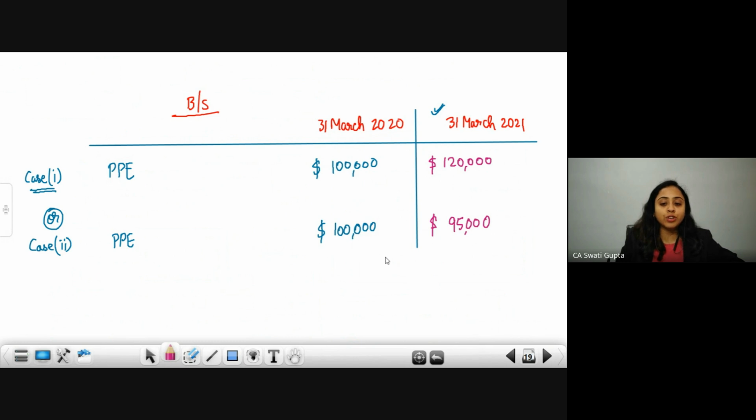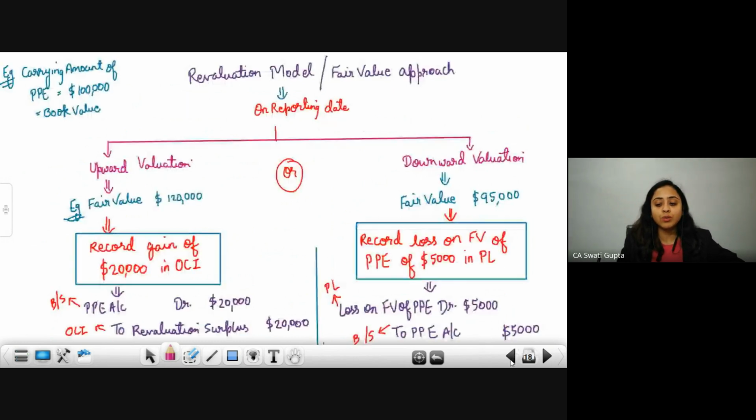This means you have to reduce 5,000 due to fair valuation. How will this amount be decreased? By crediting your PPE by 5,000, and simultaneously the loss will be charged to your PL. Is it clear?